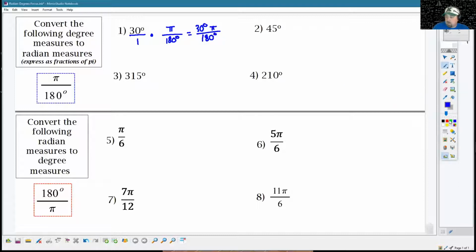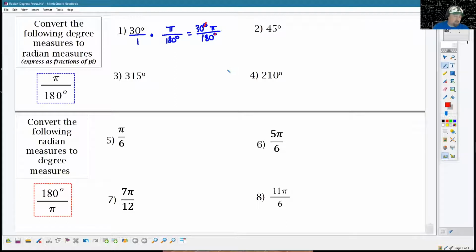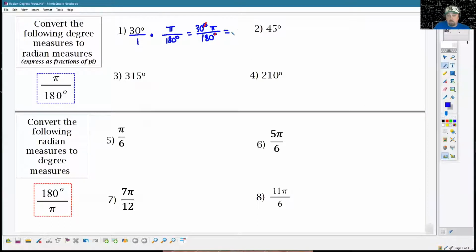And what's going to happen is the degree symbol is going to cancel, and we just need to figure out what fraction is left over when we go 30 divided by 180. And 30 divided by 180 is 1/6. So we get a 1 left on the top that we don't need to write. The degrees go away. We get pi over 6. So 30 degrees is pi over 6.